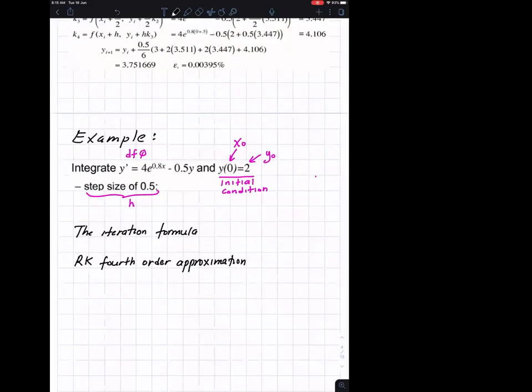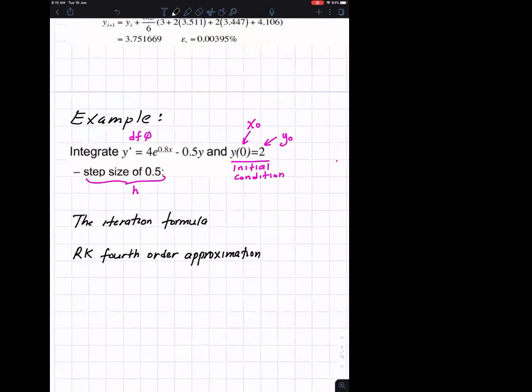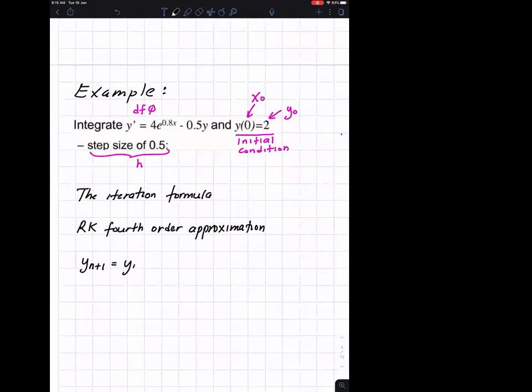The general formula is y n plus h over 6. So make sure you remember this formula during the exam. You don't have to try to understand how the formula came about, just know how to use it.